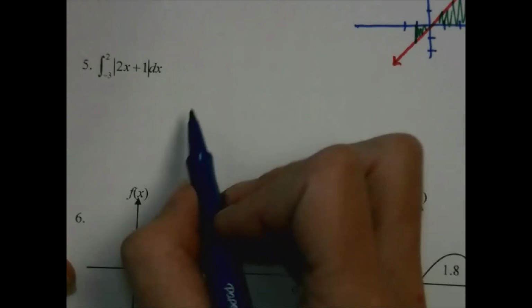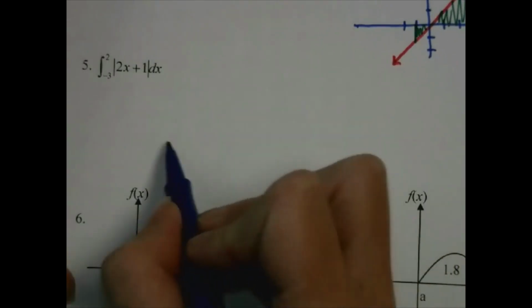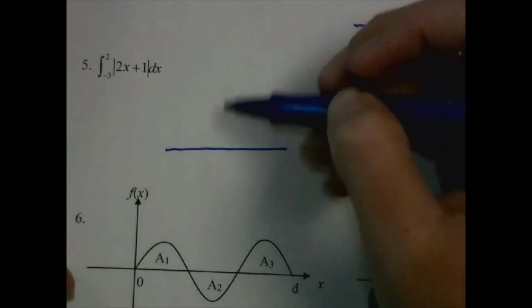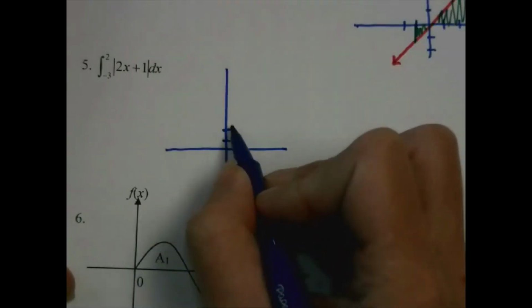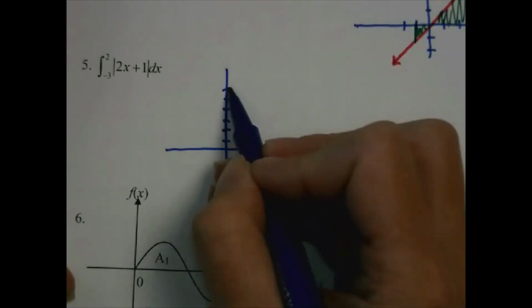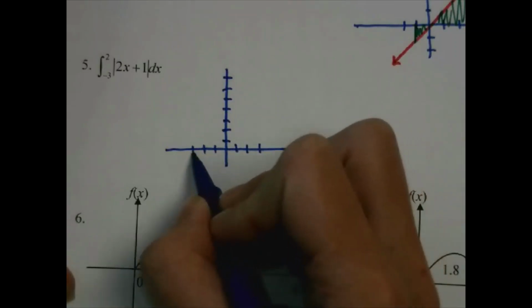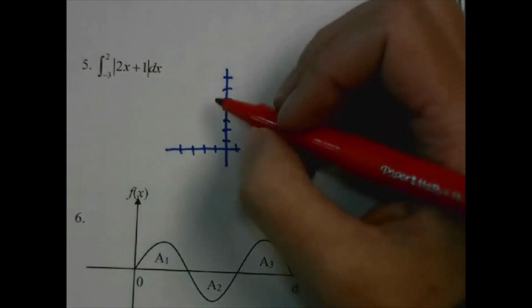Okay. The absolute value of 2x plus 1. There's several ways that you can think about graphing this, but I'm going to start by just graphing the line 2x plus 1.